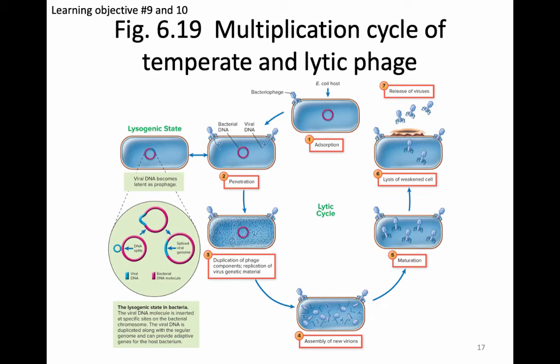A virus that is a temperate phage can stay in the lysogenic state for a number of generations until it exits the lysogenic state and re-enters the lytic cycle. With steps 3, 4, and 5, the temperate phage pieces would be replicated and assembled into mature viruses. And then in step 6, the temperate phage would lyse the host cell and go on to infect other bacteria.